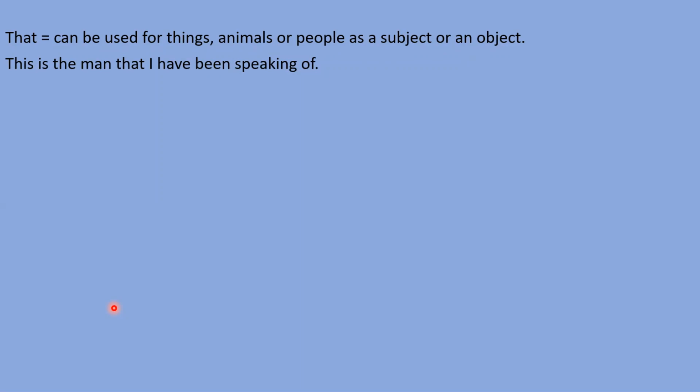So for the man, that is a living being, so we have used that word there. But see the next sentence, this is the book that I have been speaking of. यह वह बुक है जिसके बारे में बात कर रहा था, या वह व्यक्ति है जिसके बारे में बात कर रहा था. So that word we can use for person also, for animals also, right?